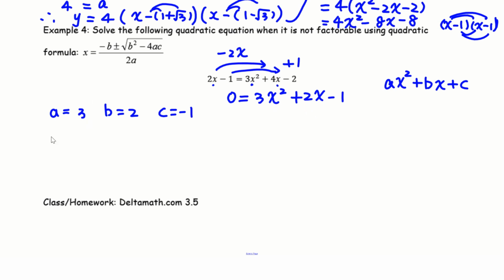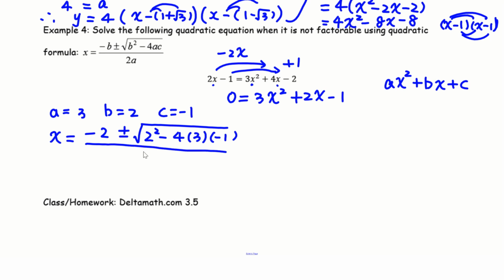So we sub this into the quadratic formula, x equals negative b, which is 2, plus minus square root b squared, which is 2 squared, minus 4 times a, which is 3, c is negative 1, then all over 2 times a value, which is 3.